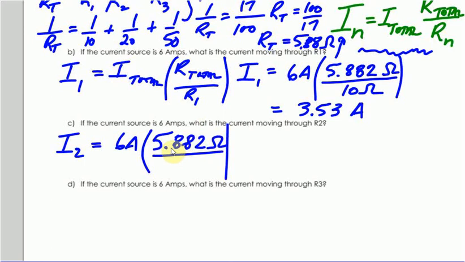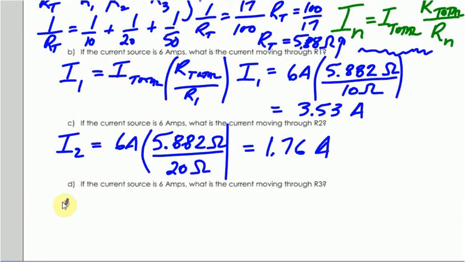Well, R2 was 20 ohms, if you remember. So it looks like this. So again, take your calculator, 5.882, and divide that by 20 this time, equal to, and times by the current, 6 amps. And that comes out to 1.76. So that's 1.76 amps of current.